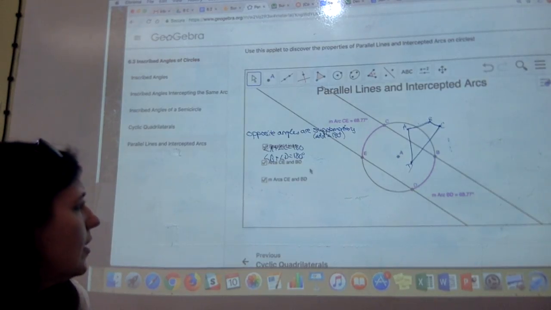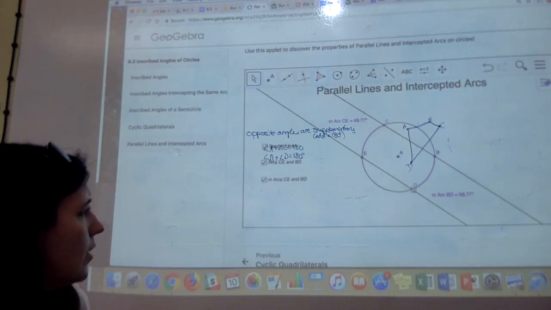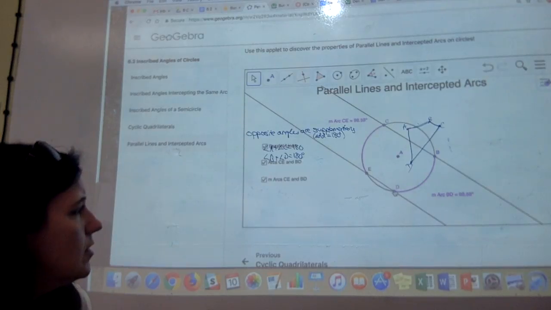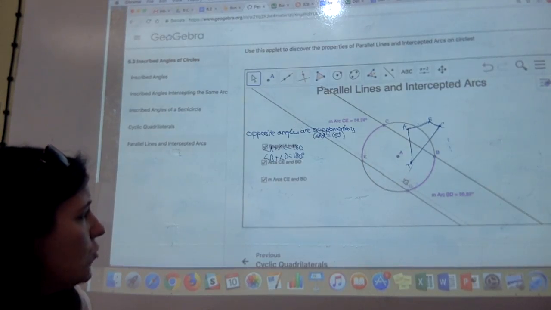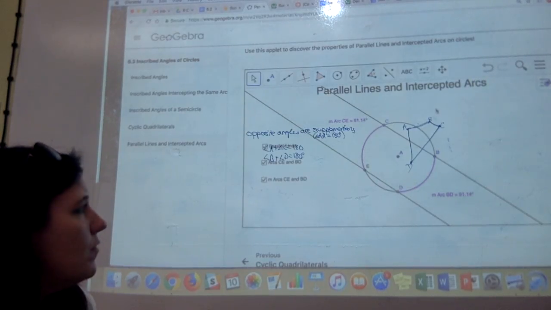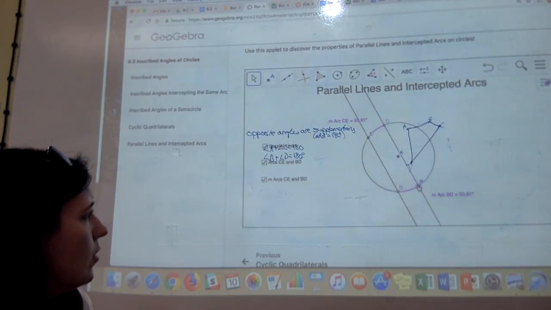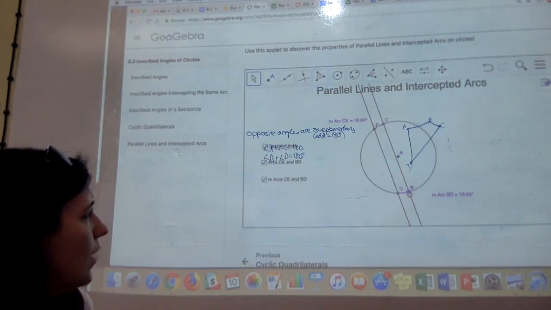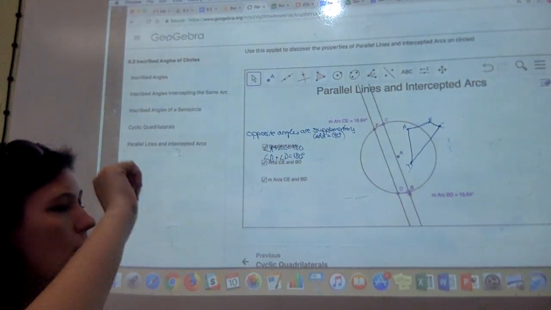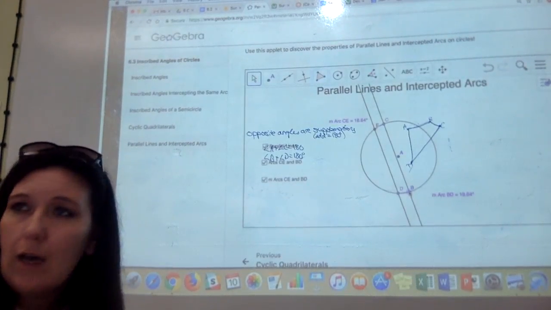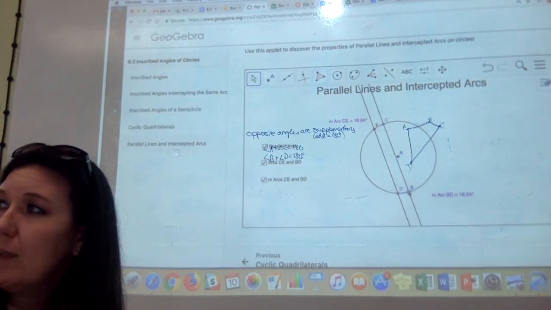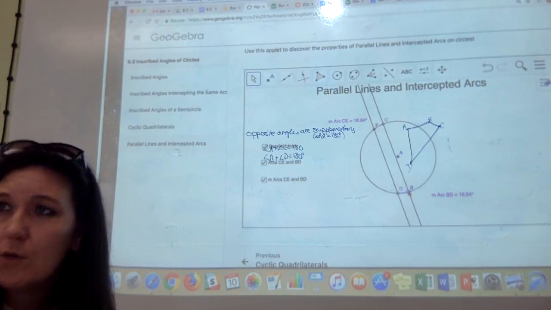I don't know if I can pull these, but it doesn't matter how far out, they'll change, but notice they're still the same if they're parallel. So I could pull this one all the way in here, and as long as the two lines stay parallel, the arcs in between them are going to be congruent.